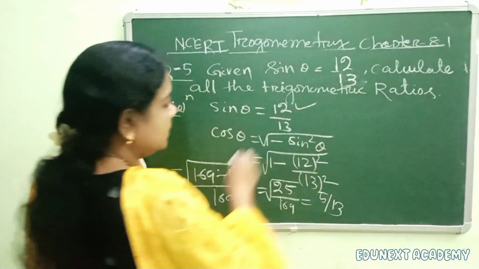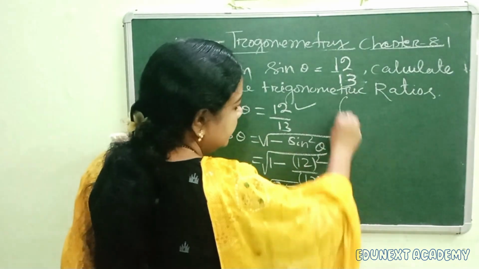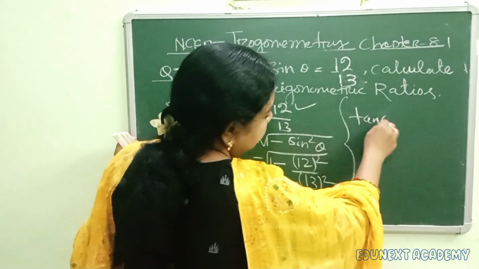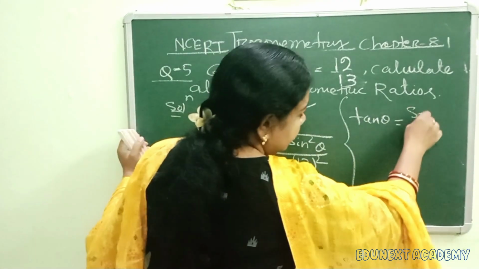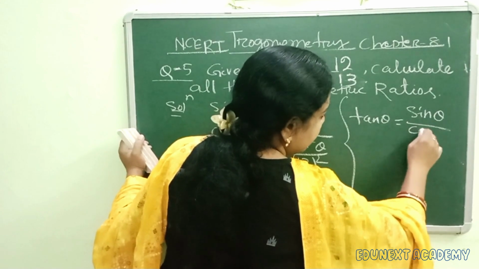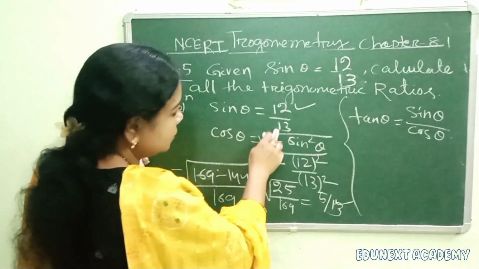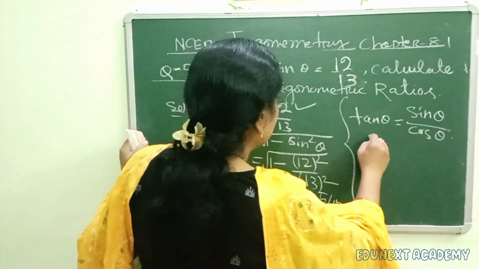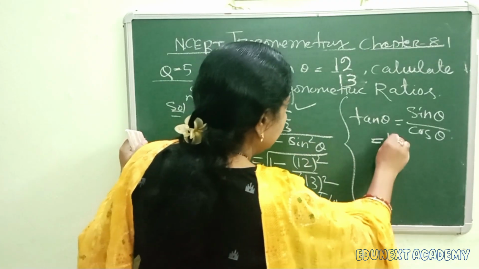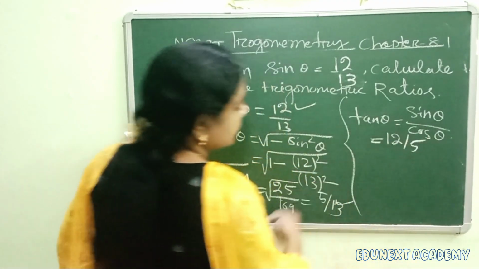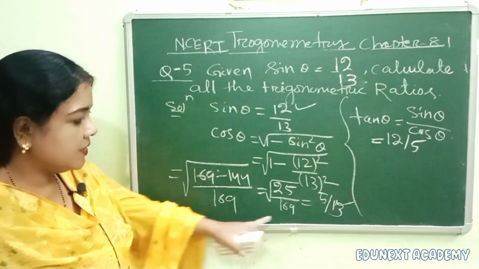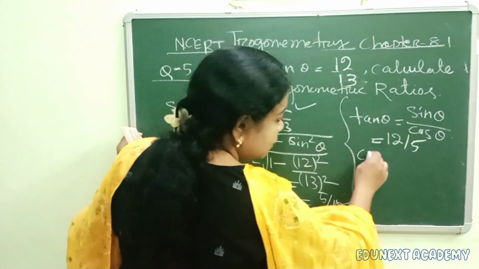So sin theta is 12 by 13 and cos theta is 5 by 13. Then what is tan theta? Tan theta is sin theta by cos theta, that is 12 by 13 over 5 by 13, so that is 12 by 5. What is cot theta?